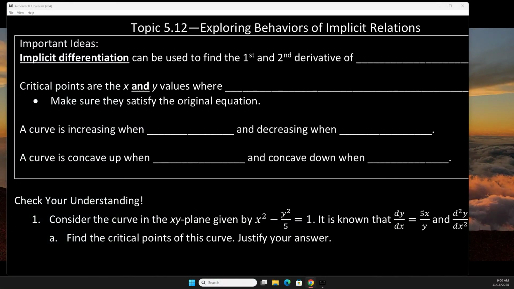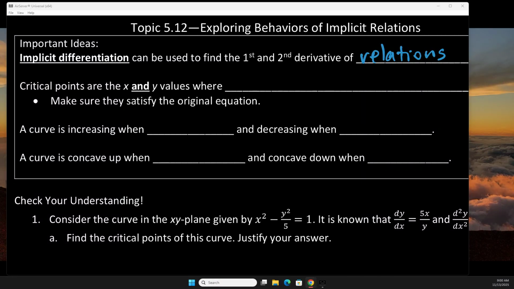So implicit differentiation can be used to find the first and second derivative of relations, or any kind of curve that cannot easily be solved for y. And so that's the main thing you have to remember.